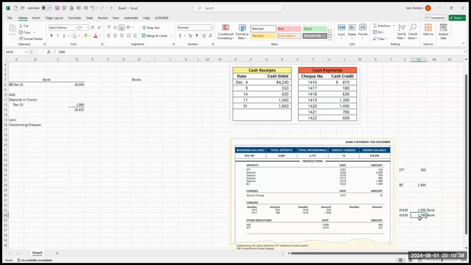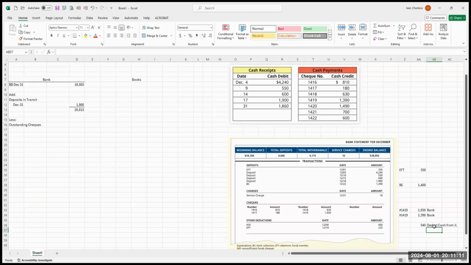First, we have to find out what the mistake is. The mistake in this case is 1,930 minus 1,390, that's $540. That means we have to deduct cash from our general ledger, since we are the one who made the mistake.